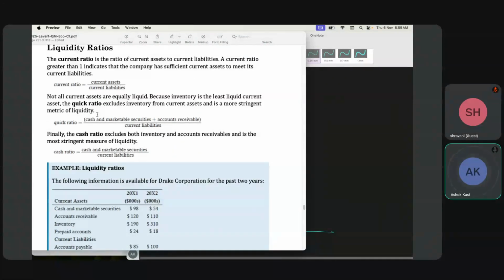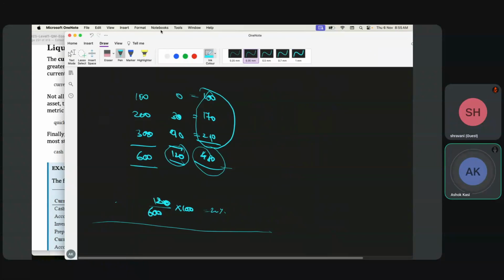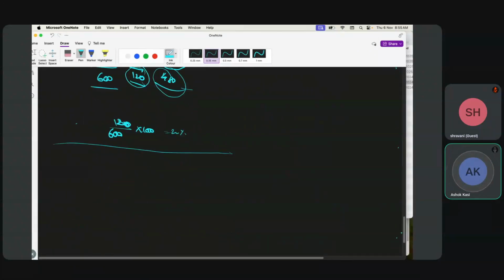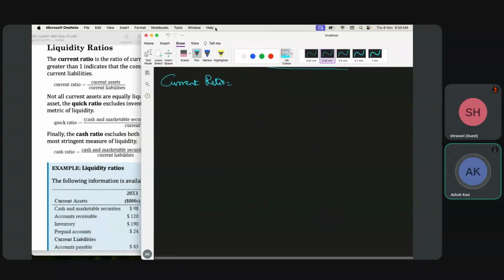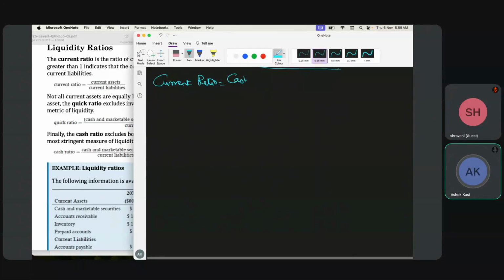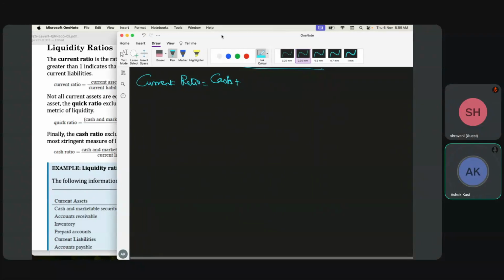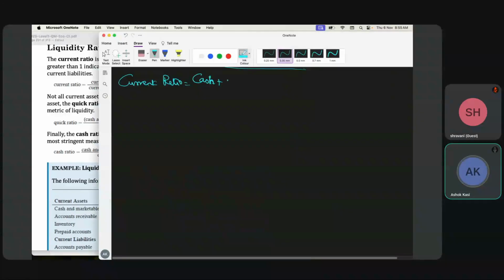Current ratio, quick ratio. Now the difference is in quick ratio. So current ratio is equal to cash plus marketable securities plus accounts receivable plus prepaid expenses plus inventory.